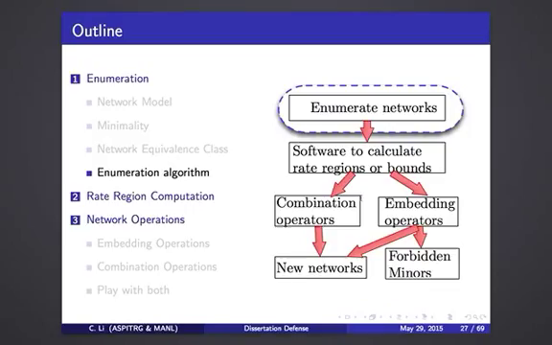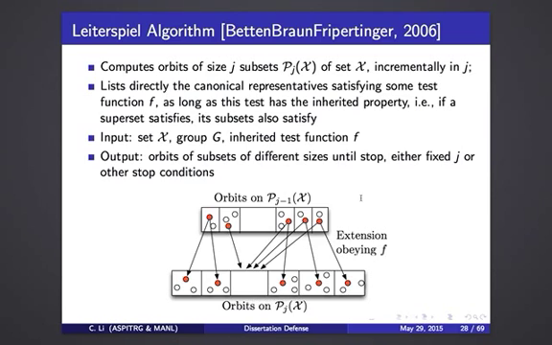Okay, having introduced the network model, minimality, and network equivalent classes, we are ready to introduce the enumeration algorithm. Our enumeration is based on the Lattice Spiel algorithm, which computes orbits of size j subsets of a set X, incrementally in j.